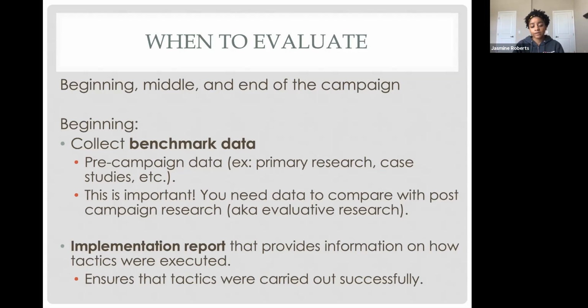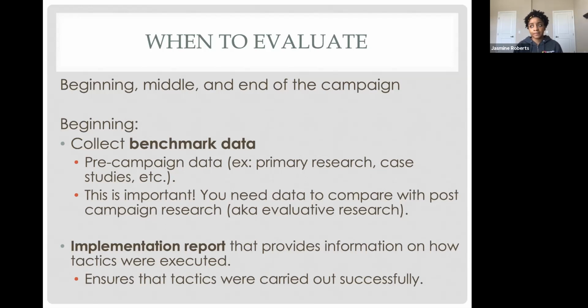And then we have what's called an implementation report. So an implementation report is essentially when you send a page or so synopsis to the client to describe how well those tactics were executed so far in the campaign at the very beginning. It's really important to do this.